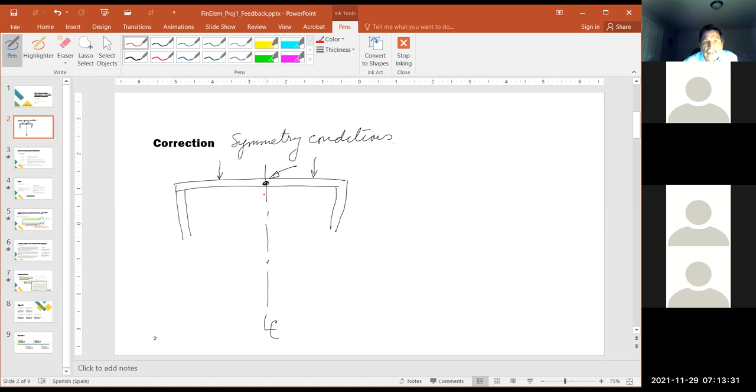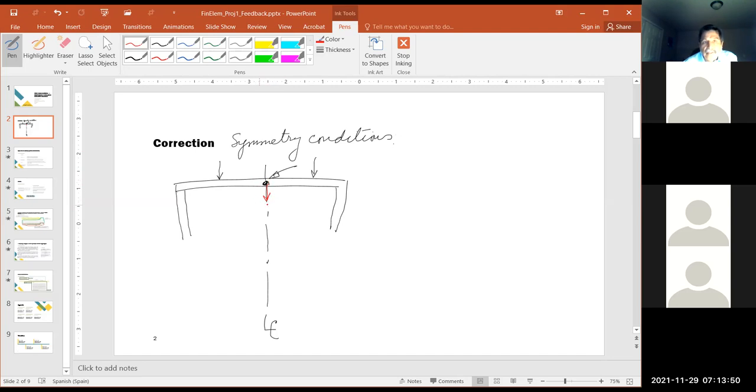It can move downwards, right? But it cannot rotate in the transversal direction. So this is the only displacement that this point can take.